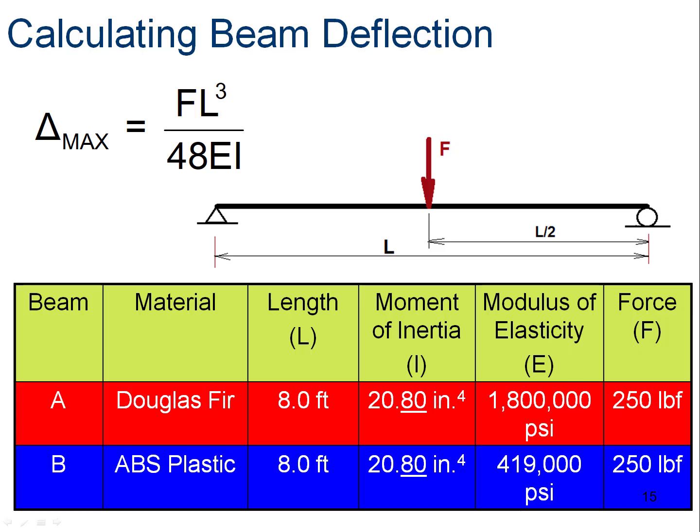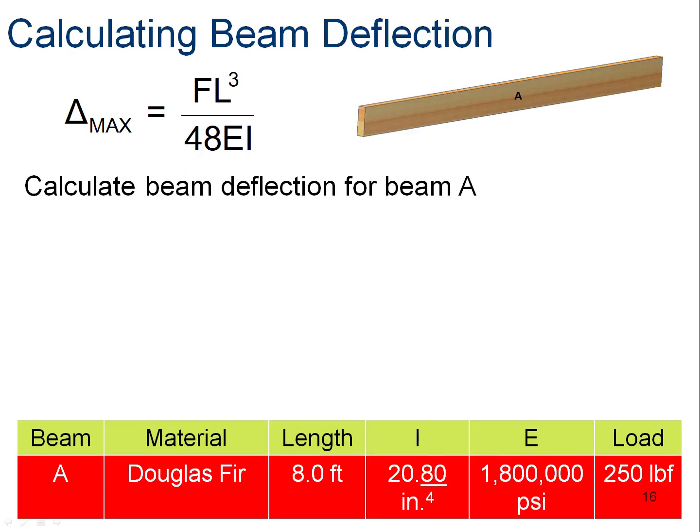So let's look at this a little bit more in depth. So if I look at a beam deflection, here I've got beam A, and this is 1.8 million psi. I don't know what kind of wood it's made out of. It's some kind of wood, though. And I've got a 250-pound force.